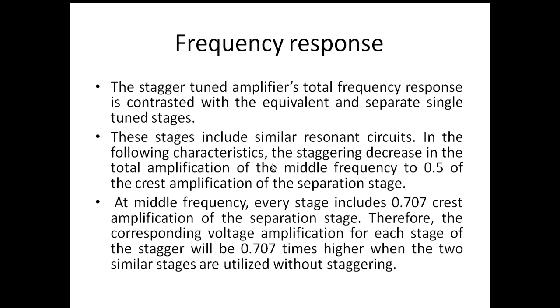At middle frequency, every stage gives 0.707 of the crest amplification of the separate stage. Therefore, the corresponding voltage amplification for each stage of the stagger will be 0.707 times that when the two similar stages are utilized without staggering. Okay.